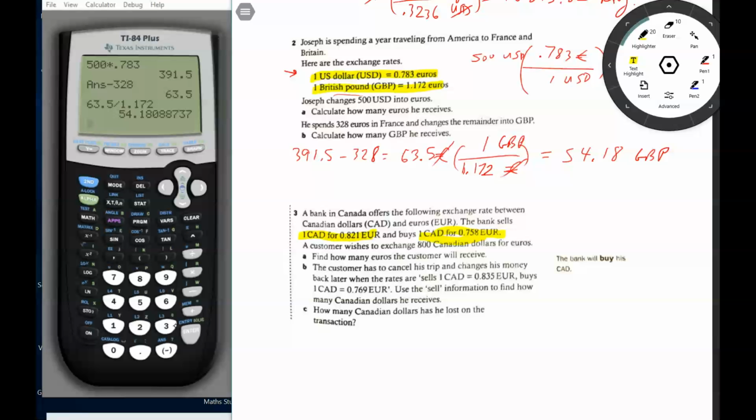Whenever they say bank sells or bank buys, it's kind of hard because there are two currencies, right? So which is it? Is the bank selling the currency or is the bank buying the currency? One of the clues is when the currency has a unit of 1 here, then usually that means the bank is buying or selling it. Okay?